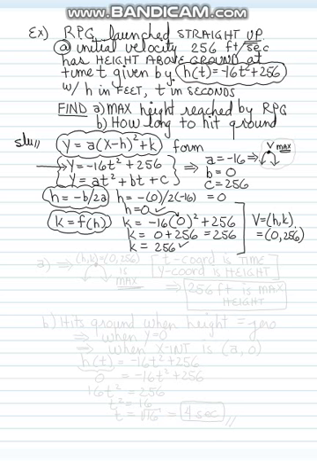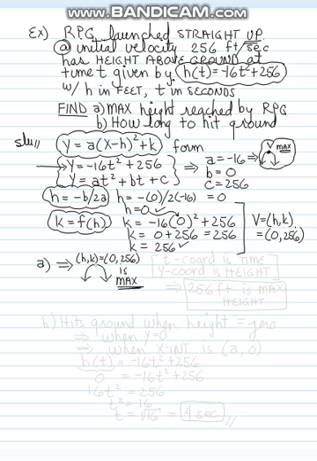Okay, so we're trying to answer part A: what is the maximum height reached? The result that we have here shows us that for this particular problem, where we know a is negative, the actual parabola is upside down, it's a sad face parabola. That tells us that the vertex, (h, k) equals (0, 256), is a max.